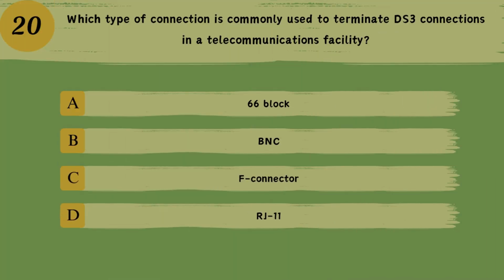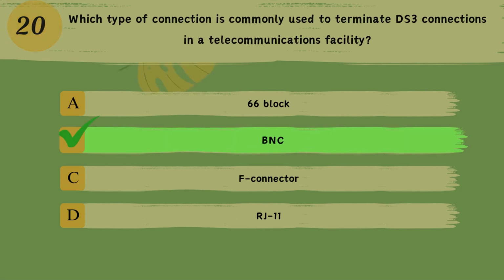Question 20. Which type of connection is commonly used to terminate DS3 connections in a telecommunications facility? A. 66 block. B. BNC. C. F connector. D. RJ11. Correct answer: B. BNC.